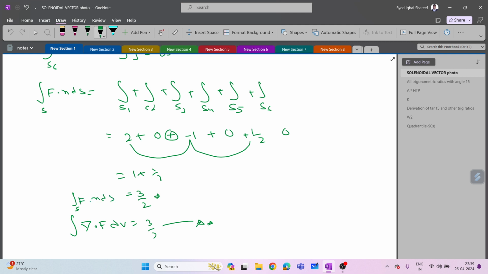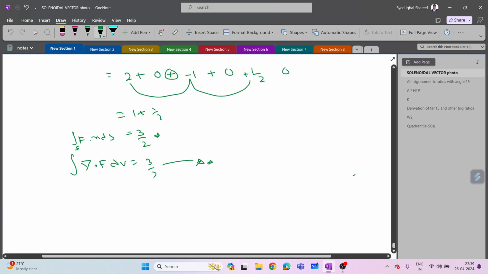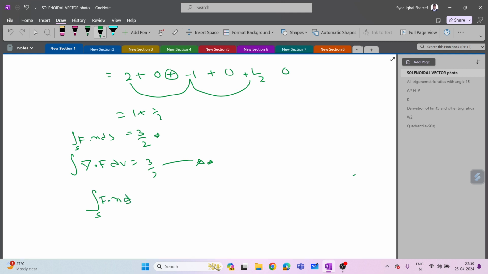Both answers are the same. Therefore, the integral over the surface of F dot n dS equals the integration over the volume V of del dot F dV. They are equal, which means the Gauss divergence theorem is verified. That's it.